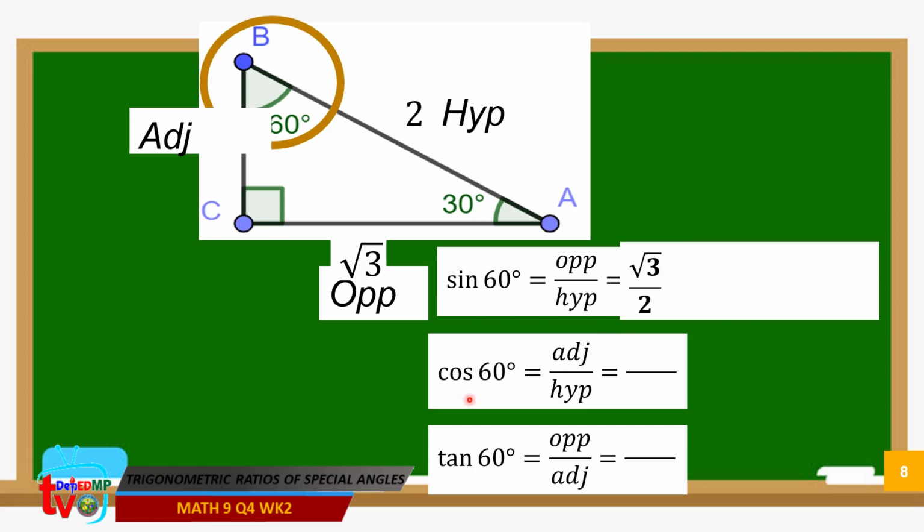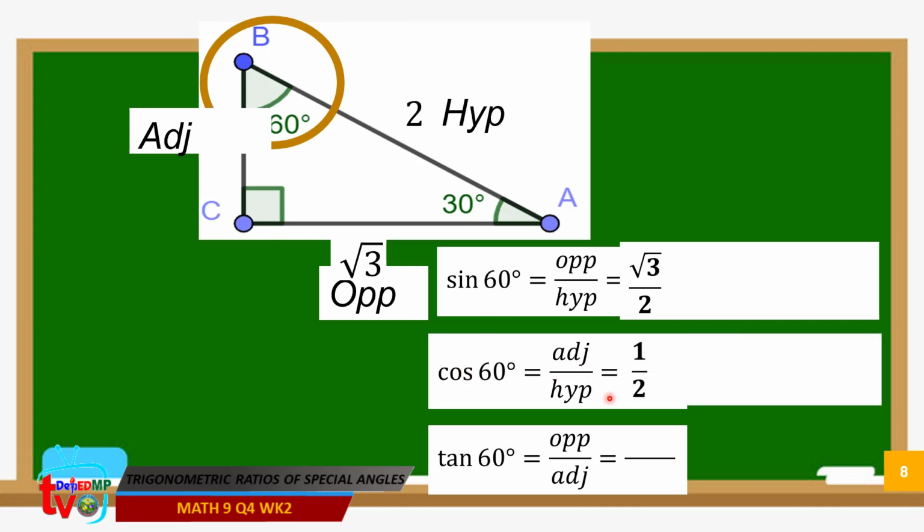Next, cosine 60 degrees is adjacent, which is 1 over hypotenuse 2. So 1 over 2 is 1/2. Therefore, cosine 60 degrees is 1/2. And lastly, what is tangent 60 degrees?